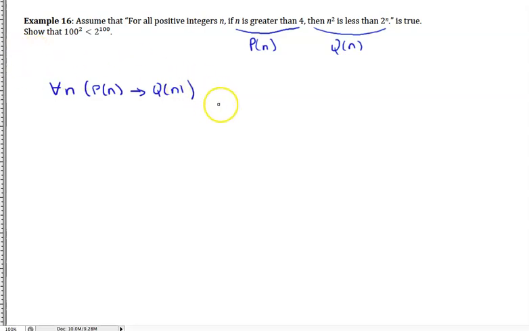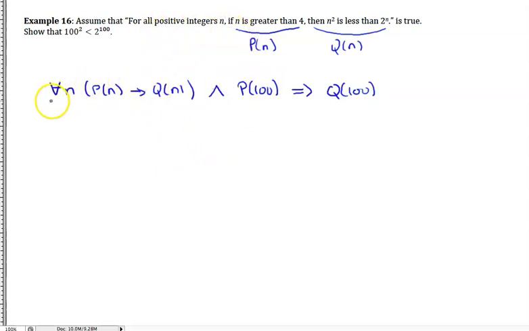So let's actually do this. We're going to say P at 100. This is also part of the premises. So basically this right here is P at 100, and I want to show that Q at 100 is true. So that's how you set this up.